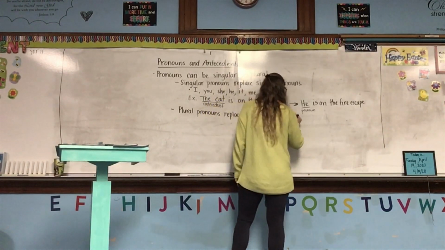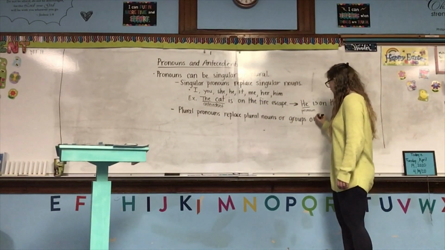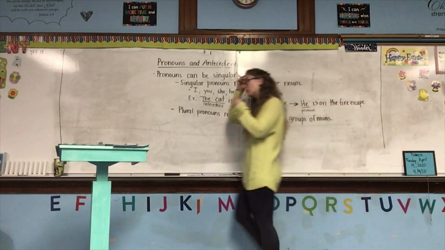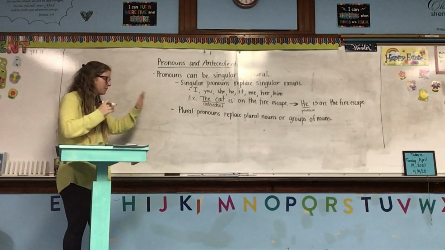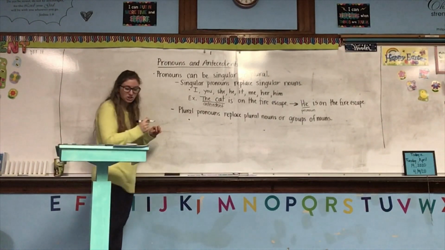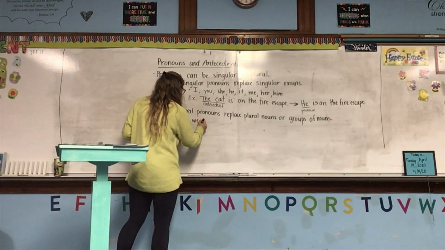or groups of nouns. So you can actually replace a group of singular nouns, like I'll show you in the examples, with a plural pronoun. So plural pronouns include we, you.